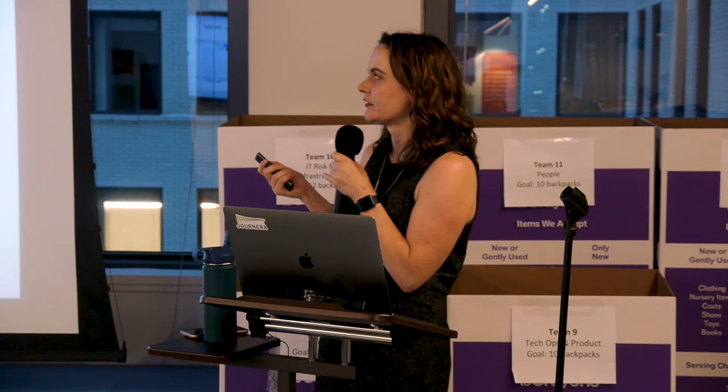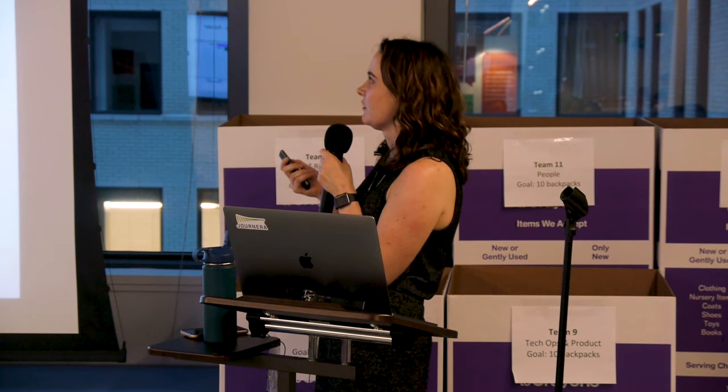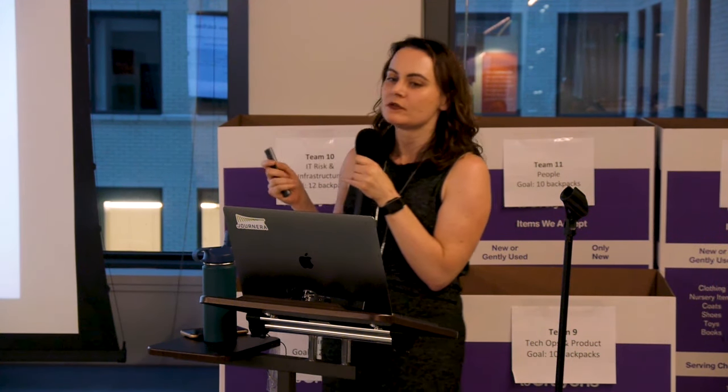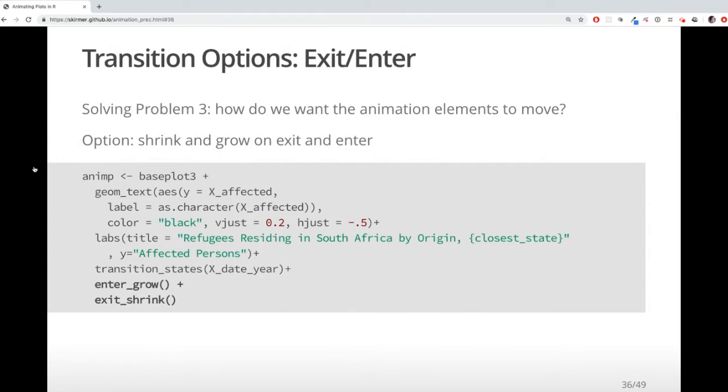So we'll walk through it with some clarity, hopefully. So one of your choices is shrink and grow, as I think I mentioned earlier. You can add these after transition states, and we'll talk in a little more detail in a few minutes about what transition states really means.